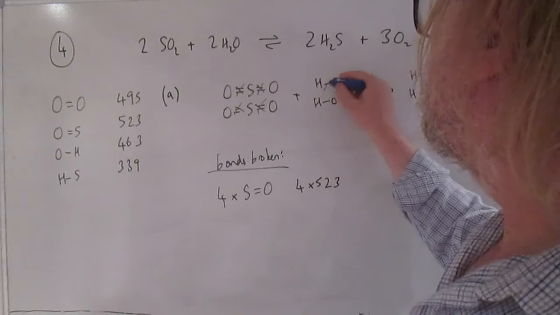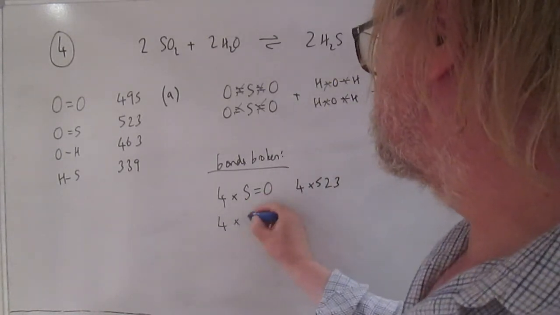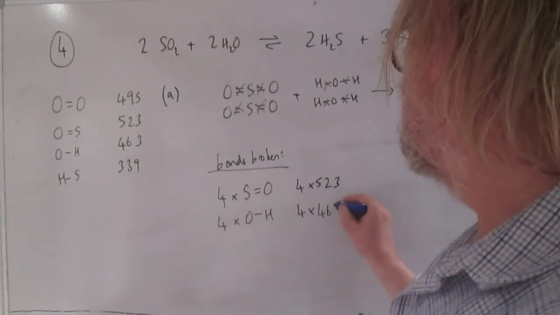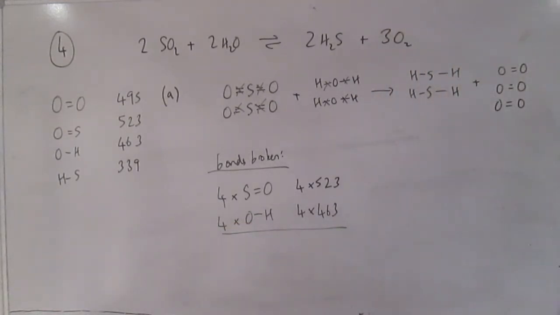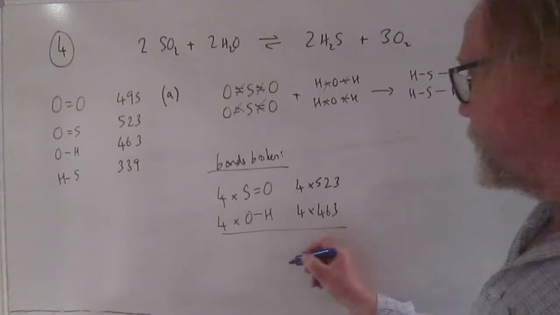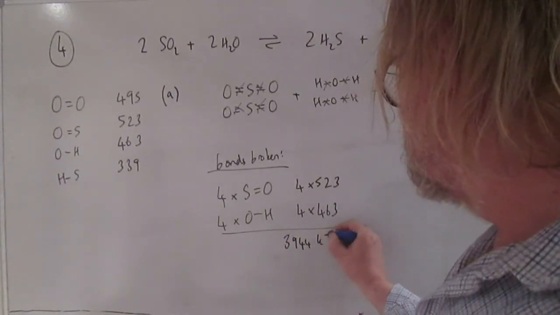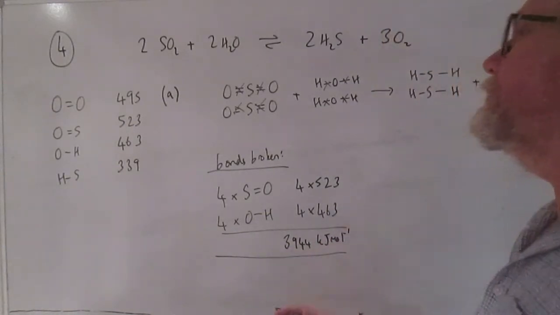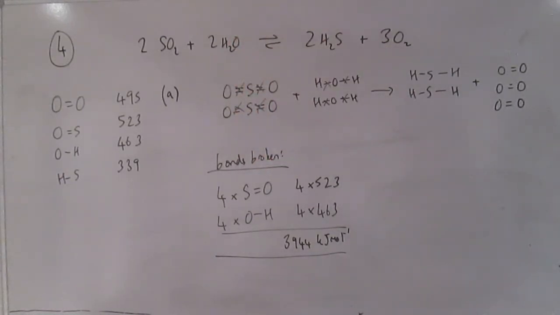And then we've got 1, 2, 3, 4 OH bonds, which is 4 times 463. And that's all there is on the left hand side. If you add up that lot, you get 3944 kilojoules per mole. So if you broke all of the bonds in the reactants, which in this case you are going to have to do, that's the amount of energy that has to be put in.